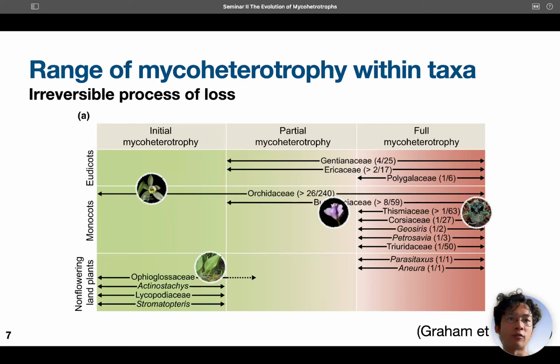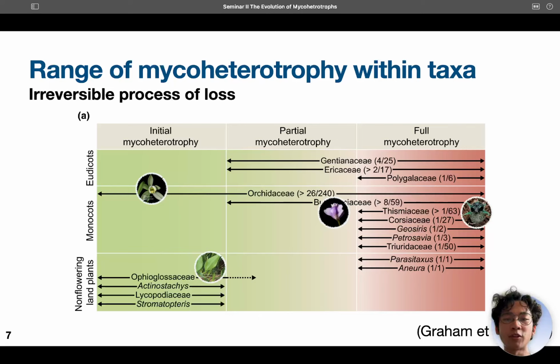I mean, for mycoheterotrophy, they show the range from initial mycoheterotrophy, like in the orchid, where the seedling of the orchid needs the fungi to germinate and to thrive before it can live by itself, to the partially and the fully mycoheterotrophic.